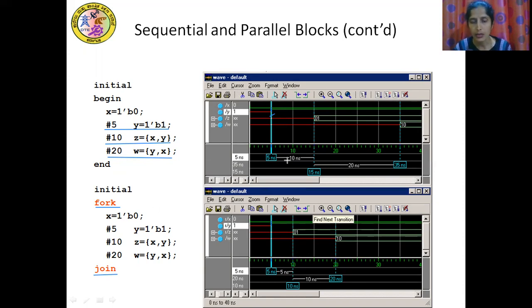The last statement completes its simulation at 20 time units. So the value of z is updated at 10 time units and the value of w is updated at 20 time units.